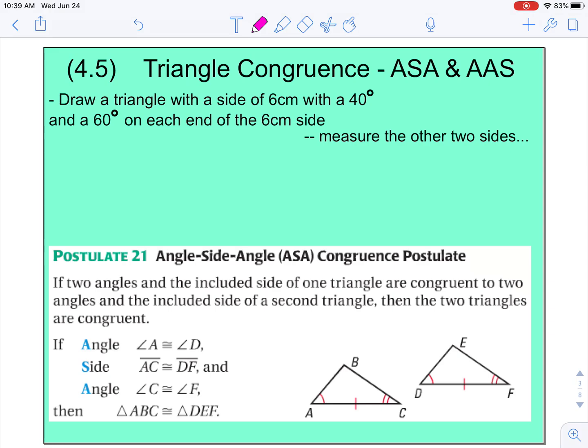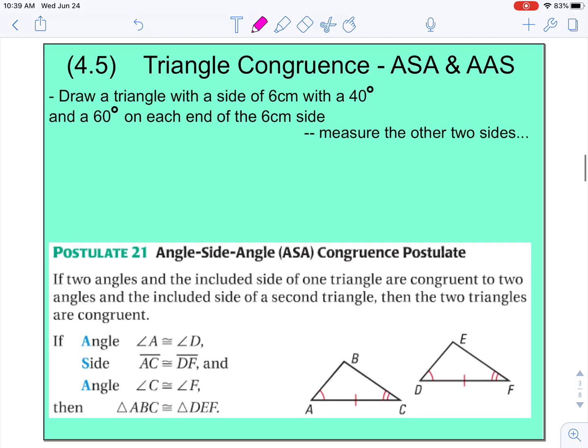With this particular idea, the first postulate is the angle side angle congruence postulate. If two angles and the included side of one triangle are congruent to the two angles and the included side of the second triangle, then the two triangles are congruent by angle side angle. This is our other sandwich theorem.